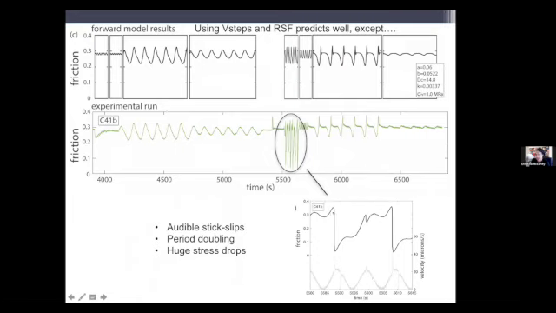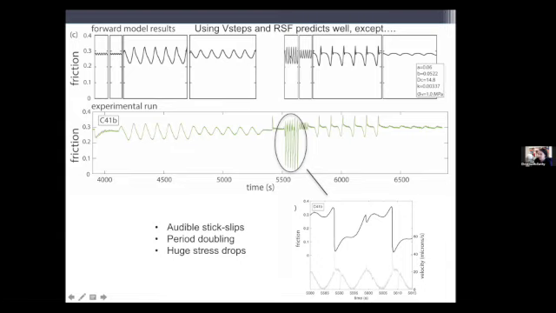In those cases the stress drops were huge, so a delay in sliding and a larger slip, like in the observations at Whillans. And in those cases, the forward model, which was using parameters from here that all predicted velocity strengthening behavior, did not predict those big stick slips.